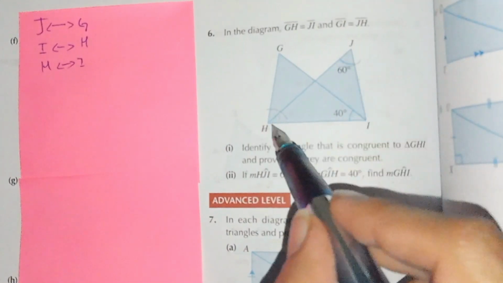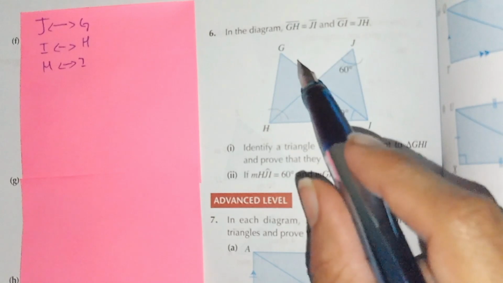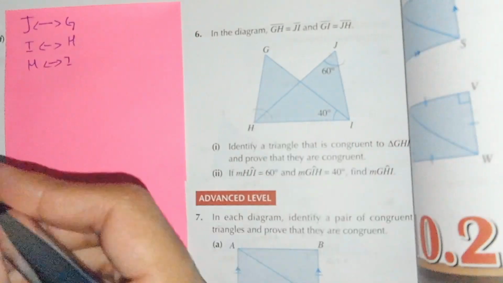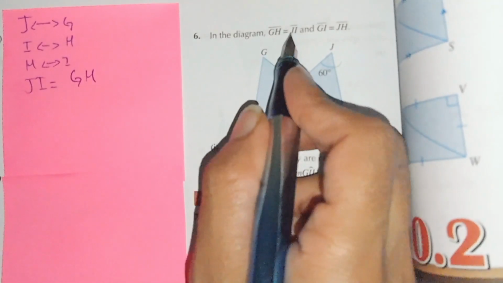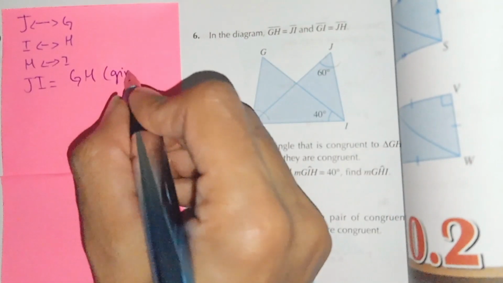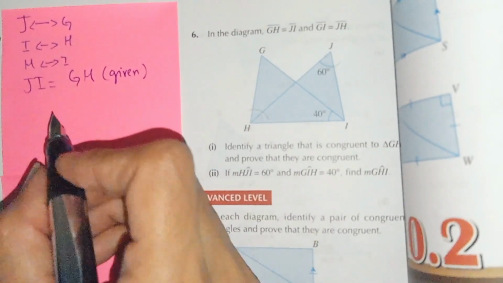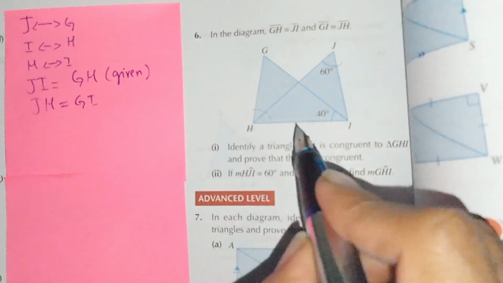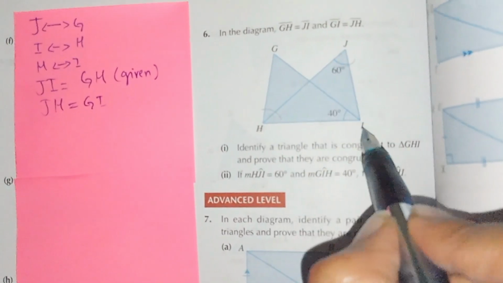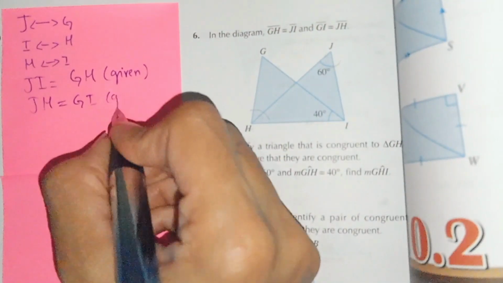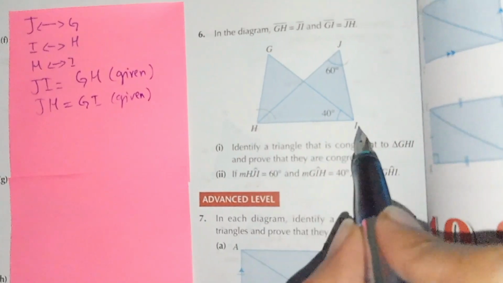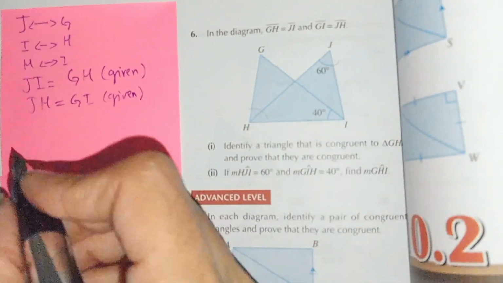JI is equal to GH, and that is given to us. JH is equal to GI, and that is also given to us. Now students, HI and HI, that is the common side.